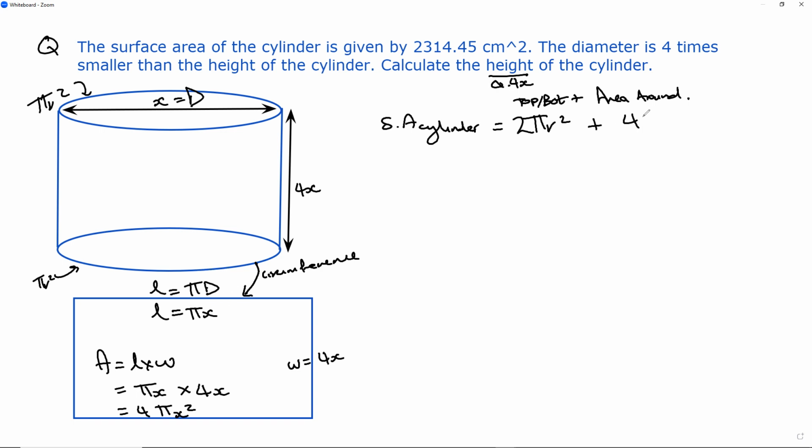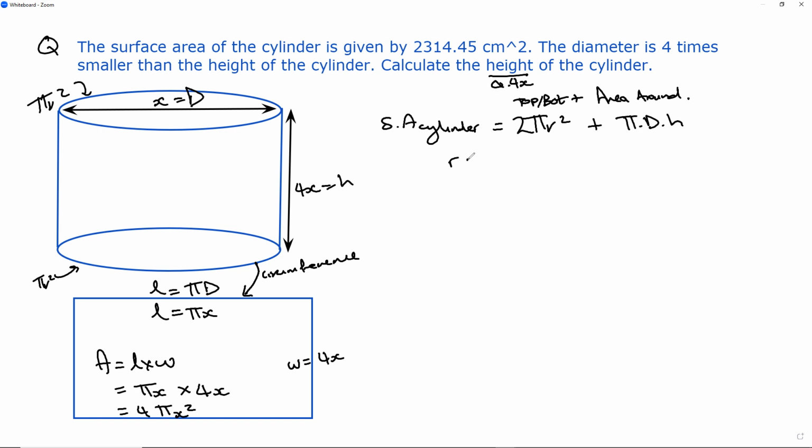So we end up with 4 pi x squared, which is the area around it. We could write it in terms of the diameter, which is actually going to be pi times d multiplied by the height, if this is the height. So pi times d multiplied by the height would be the actual formula. So pi times d times h.